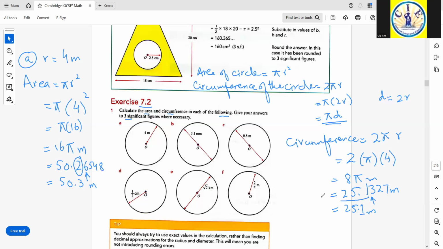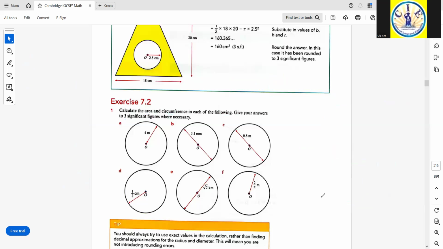Okay, now for part B. Area is again by the same formula pi r squared. But since in this case we are given the diameter, the radius is obviously 3.1 divided by 2, half of the diameter.